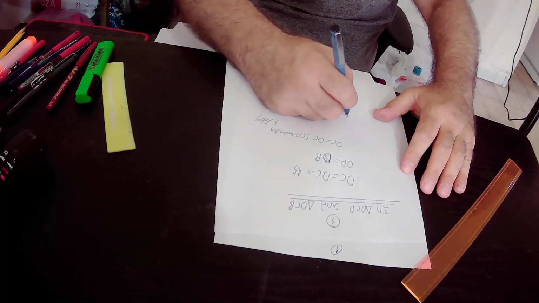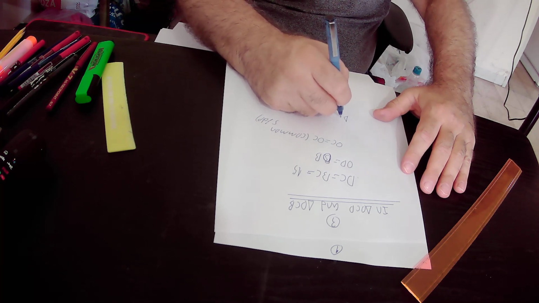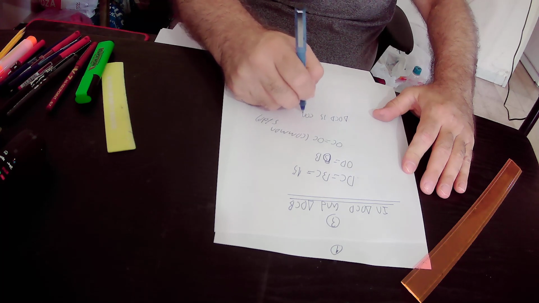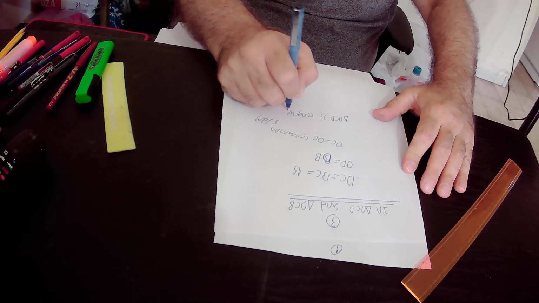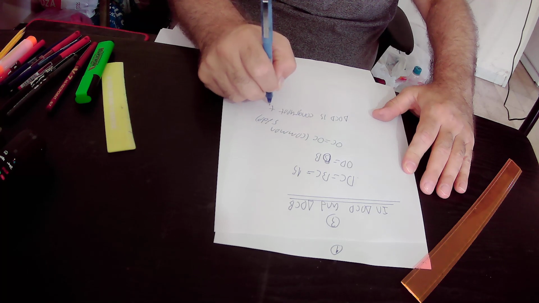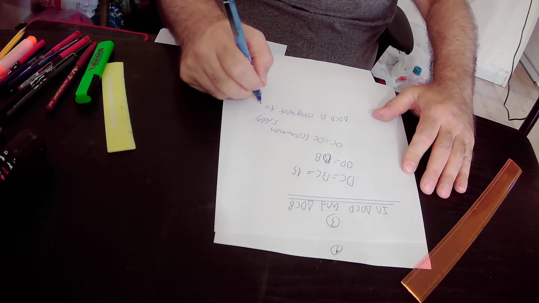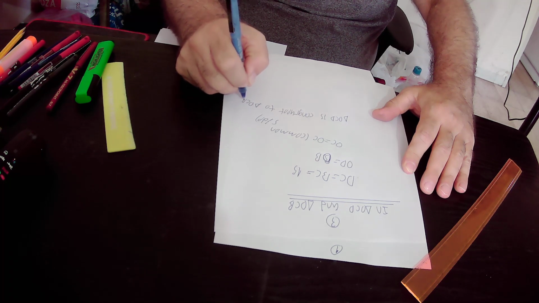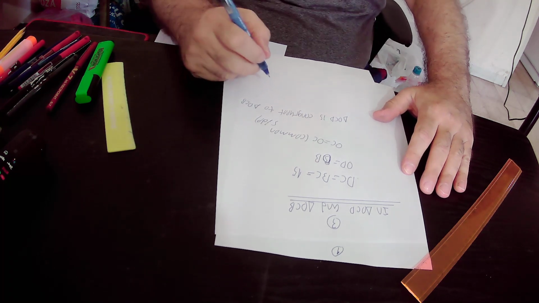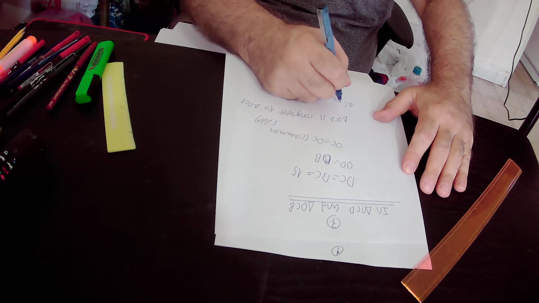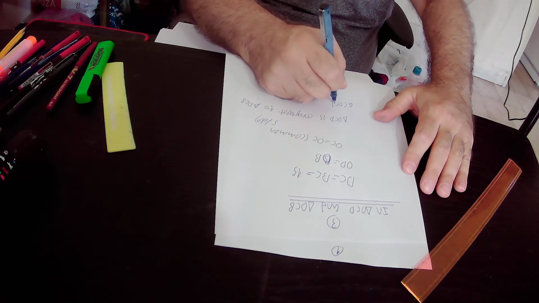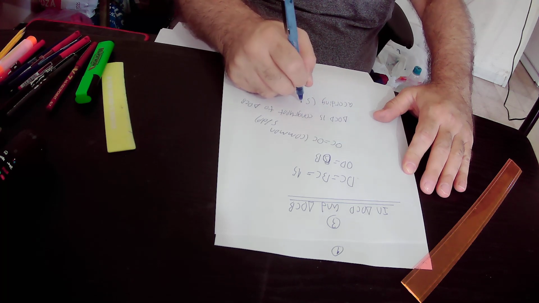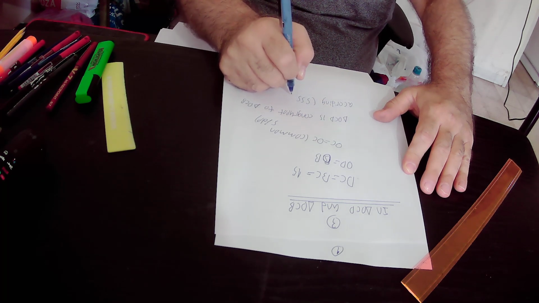Okay, so triangle OCD is congruent to triangle OCB according to the side, side, side rule.